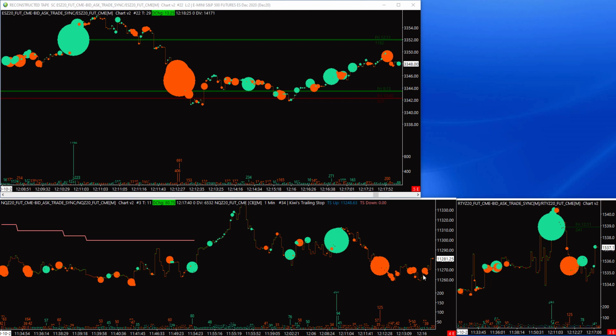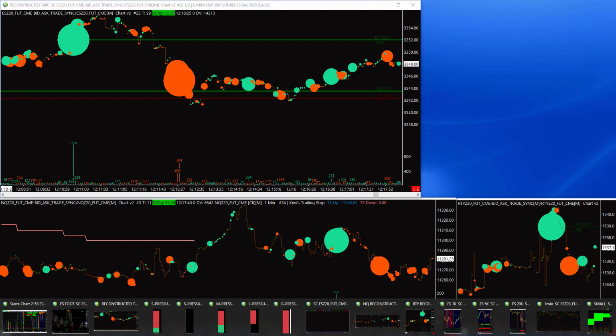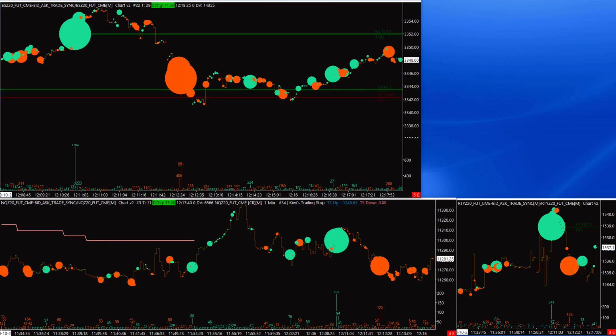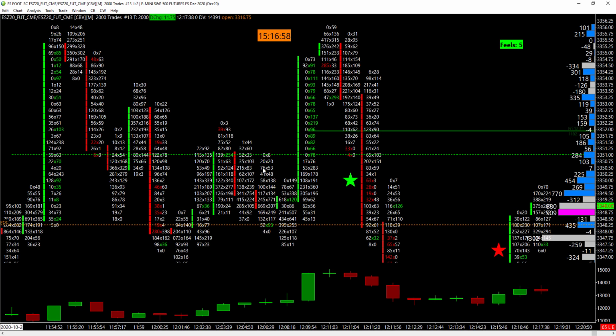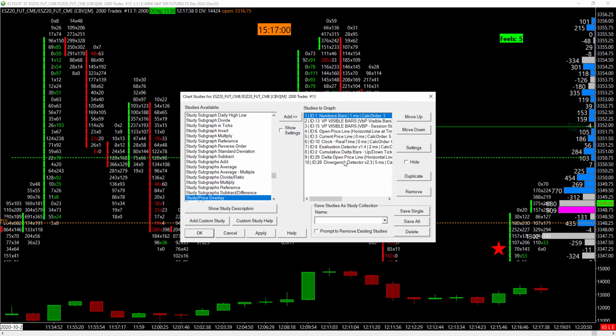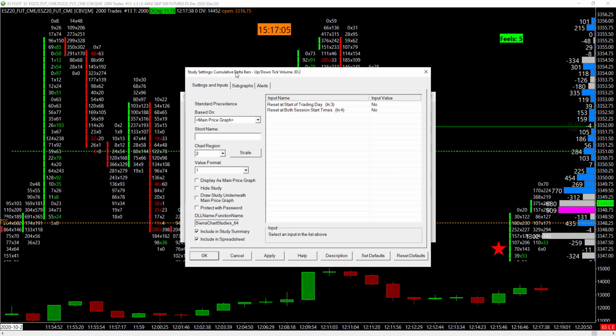I am looking at, pretty sure I have uptick, downtick, but let me just be sure of that. Yeah, so cum delta, uptick, downtick, volume.